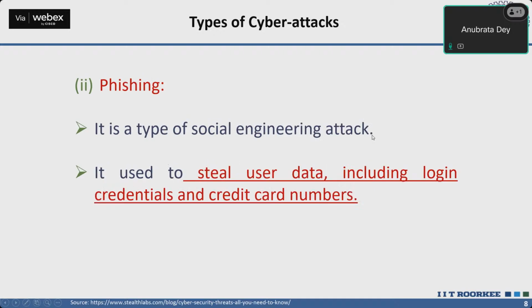The second type of attack is the phishing attack. This is a social engineering attack and is usually done by sending an email. We know that even though we have a Cisco system at IIT Roorkee, we get several such emails, right? Sometimes you even get emails that seem to be from the head of the department, but they are not the actual mails sent by the head of the department.